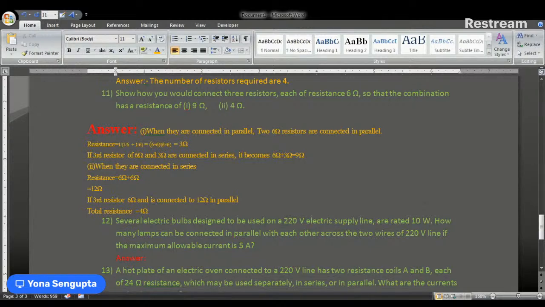How many lamps can be connected in parallel with each other across the two wires of the 220-volt line if the maximum allowable current is 5 A? What will be the answer?